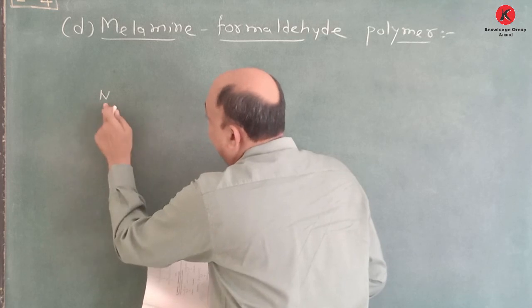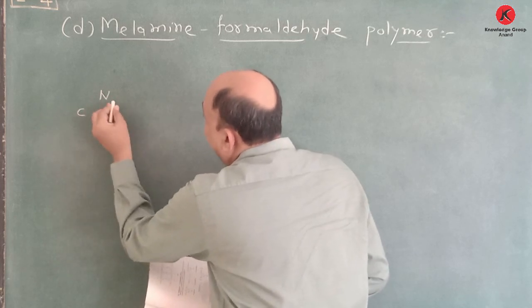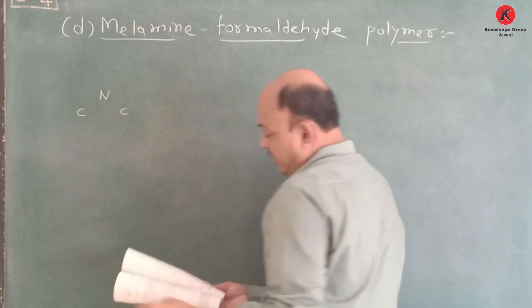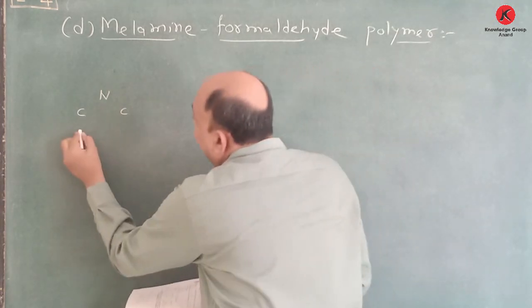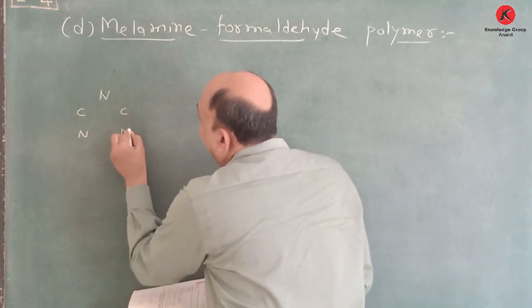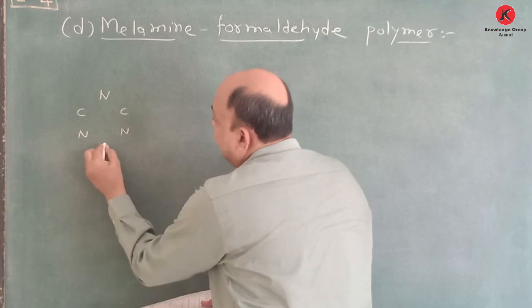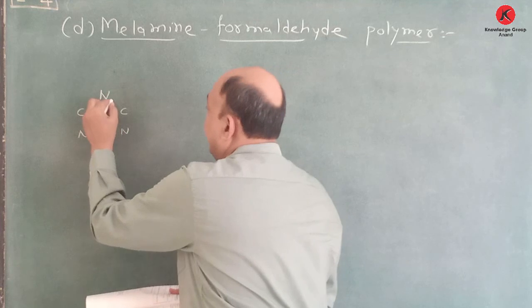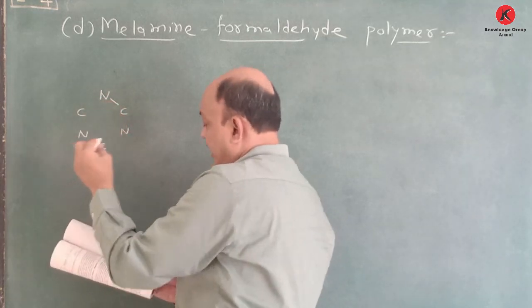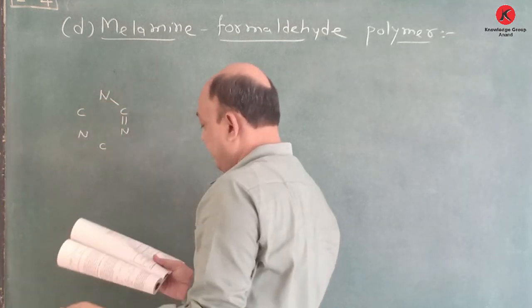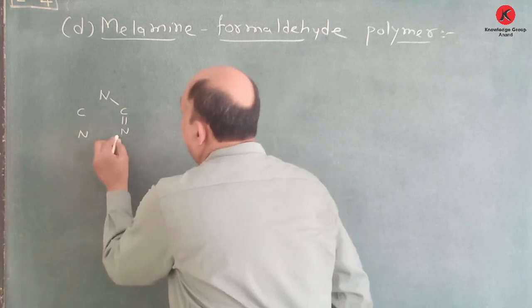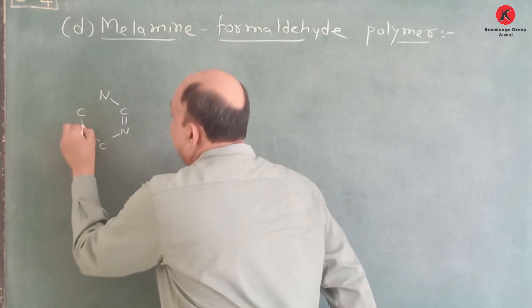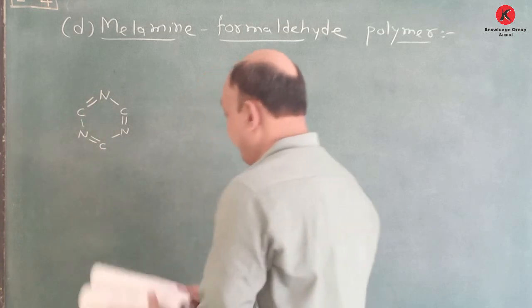Write down here N, then C, and here also C. Okay, and then here N, and here C. In this way, and here you have to take a single bond, here double bond, here single bond, double bond, single bond, and double bond.